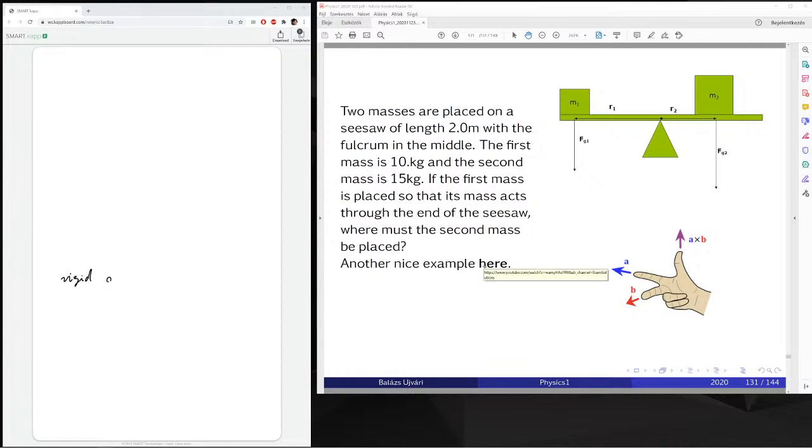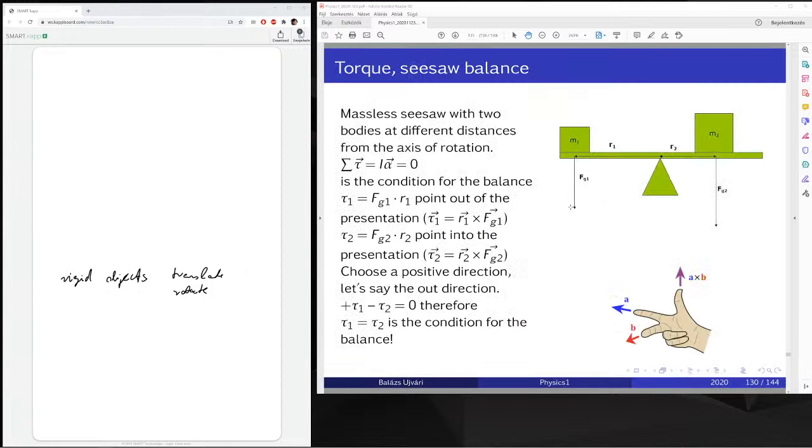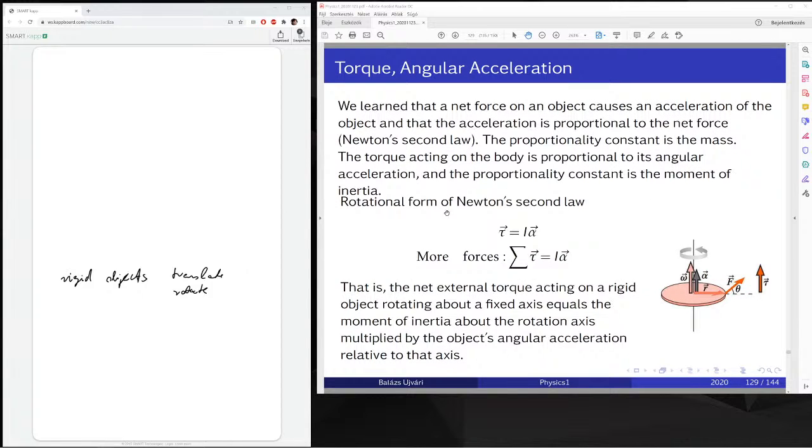This can translate and rotate. The dynamical equation, so the rotational form of Newton's second law, is the sum of the torques equals the moment of inertia times angular acceleration. This is for rotation. And for translation, the net force equals m times a.